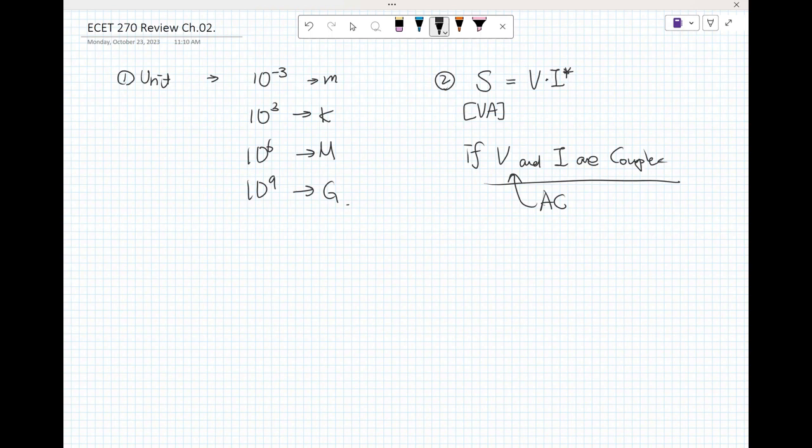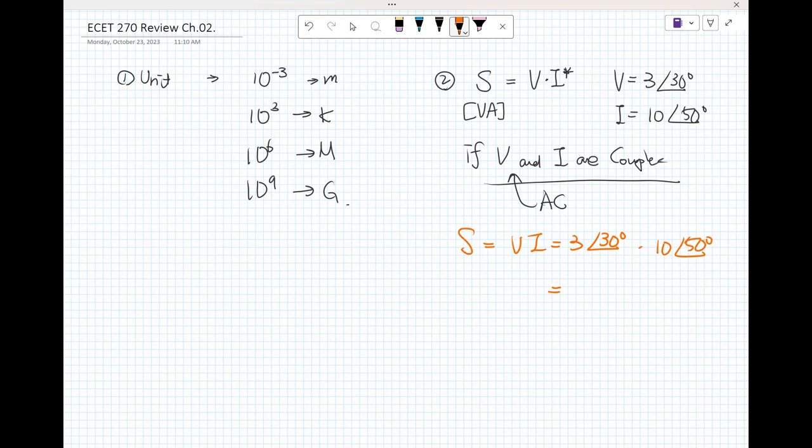A lot of students make a mistake. V, for example, is 3 at 30 degrees, and I is 10 at 50 degrees. I'm going to maybe ask you, what is the apparent power? A lot of students make a mistake like this one, V I as 3 at 30 times 10 at 50, so they have 30 plus 50.